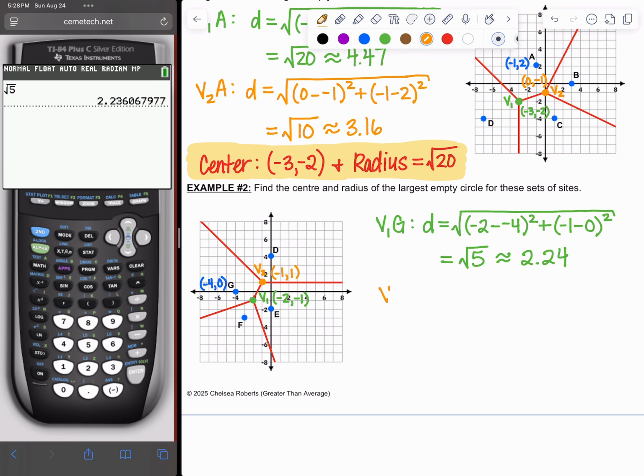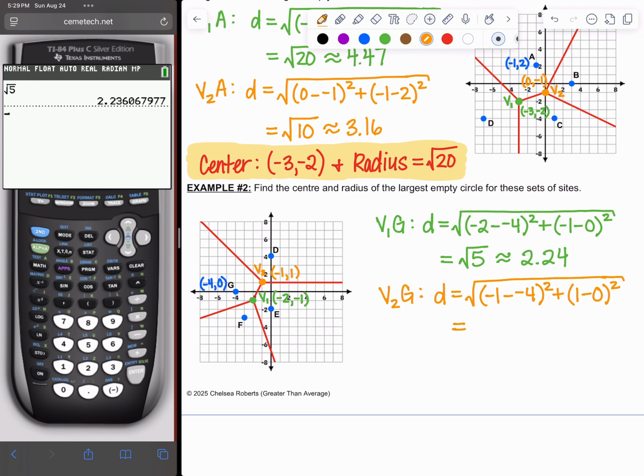Now we want to compare it against vertex 2. So vertex 2 and G, the distance will be the square root of -1 minus -4 squared plus +1 minus 0 squared.